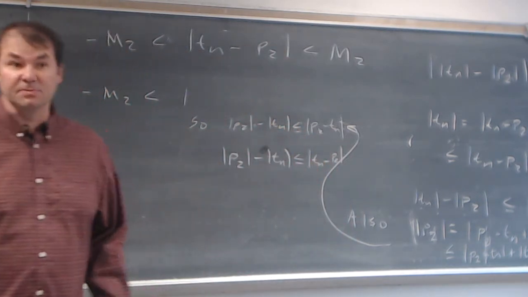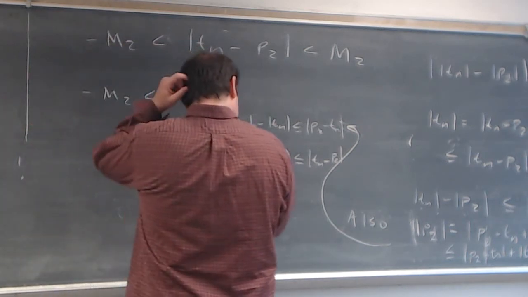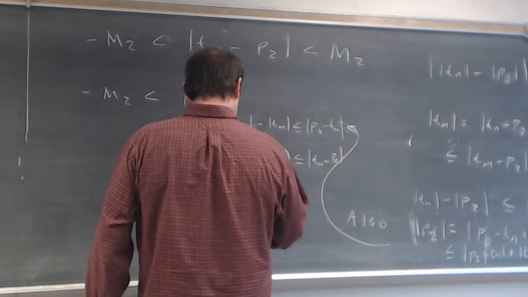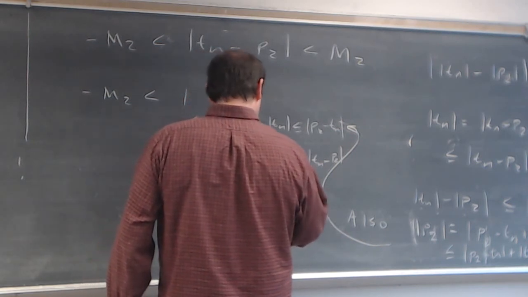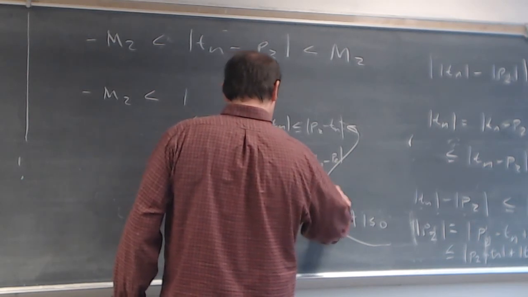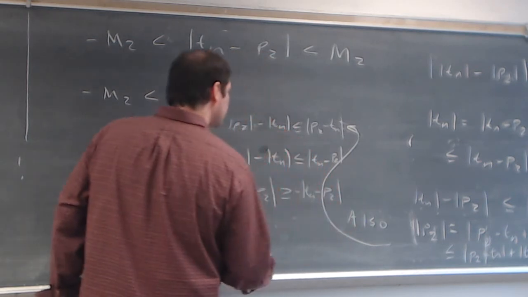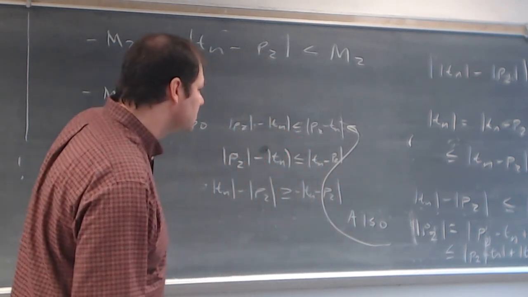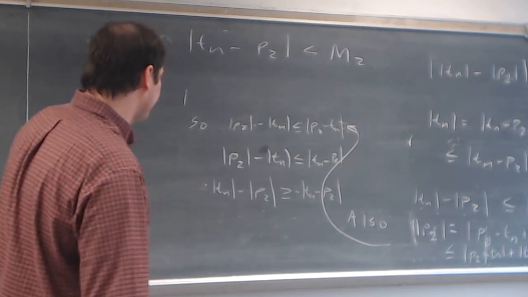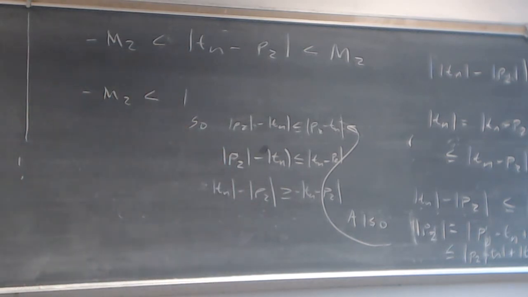And so then there was a multiplication by -1. Is that okay? And so this would say that the absolute value of T sub n minus P sub 2 would be greater than or equal to minus the quantity T sub n minus P sub 2. Is that okay with everybody?